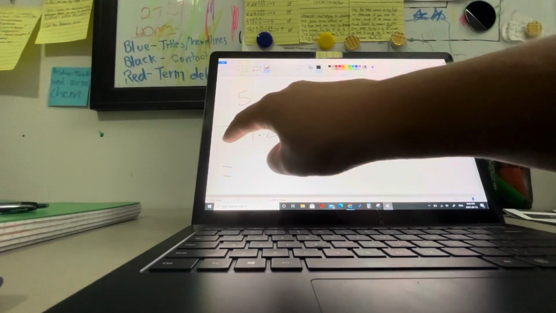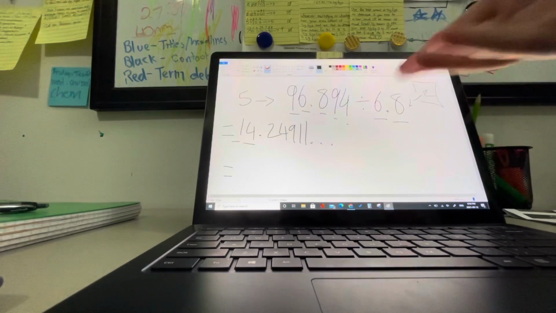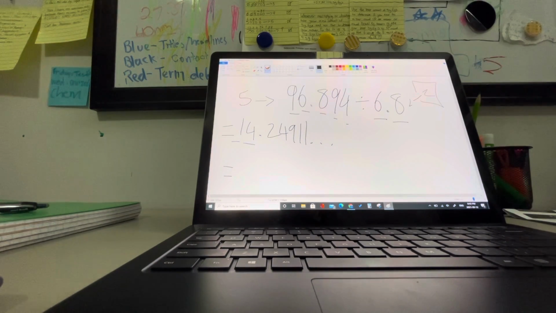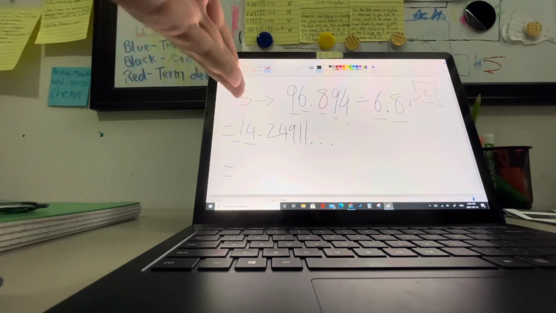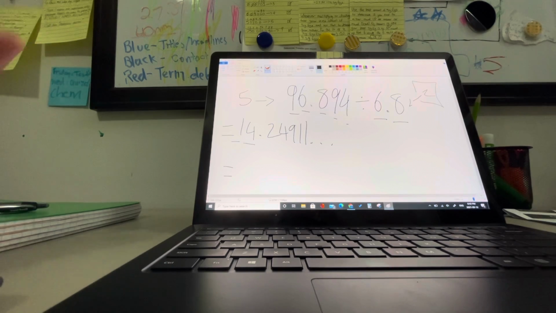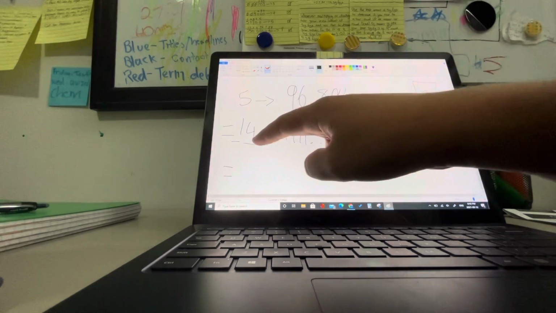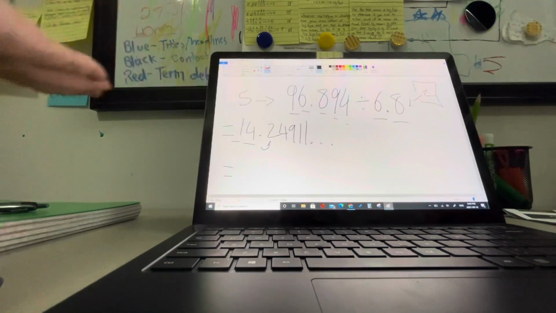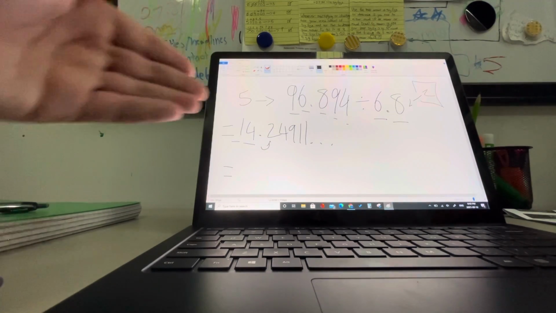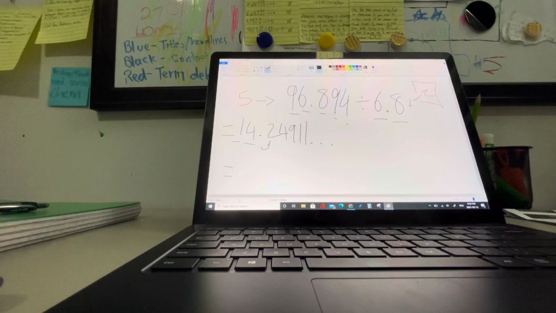We use that to keep the 1 and 4 from the answer to that division question. So we take the 1 and 4. What did I say before? We need to ask the number 2 if it's any way possible to round up the 4, or is it going to remain in its spot? Well, like I said, since the 2 is lower than 5, it's just going to stay the same.